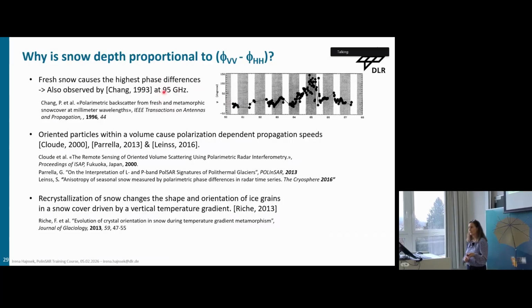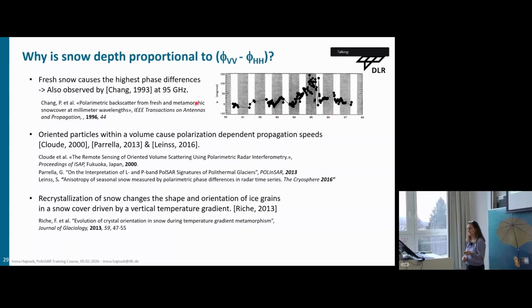And they have observed very high phase differences. You see here, so that's a phase difference on this part. I think this is the incidence angle, and this is the gigahertz, so very high frequency data. And you see here a very, very high bump in terms of phase differences when fresh snow, or even, oh, sorry, probably this is also degree day, could be, sorry, that's a time, it's not an incidence angle, it's a time.